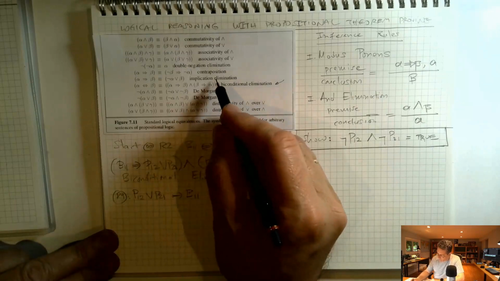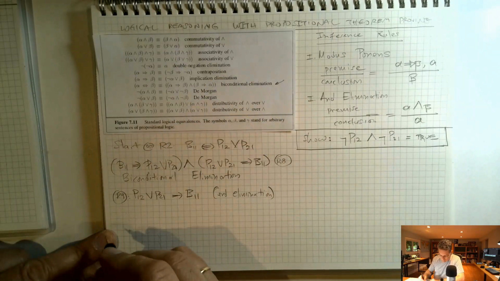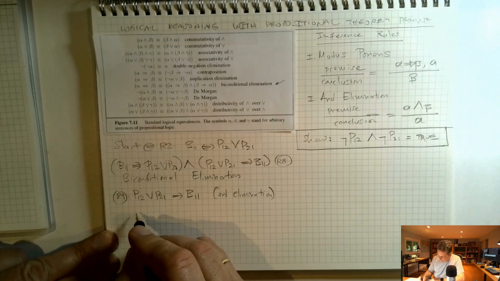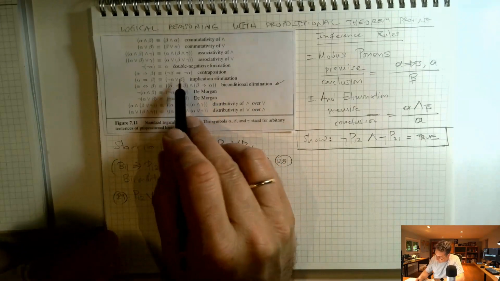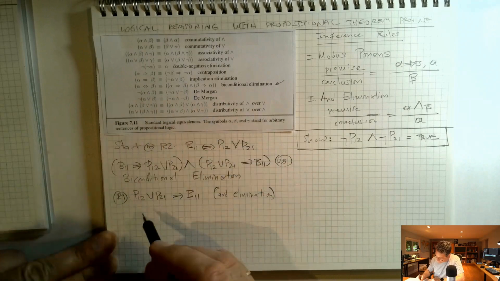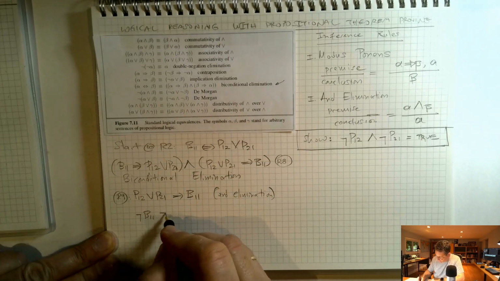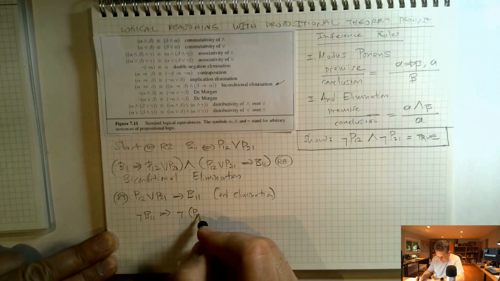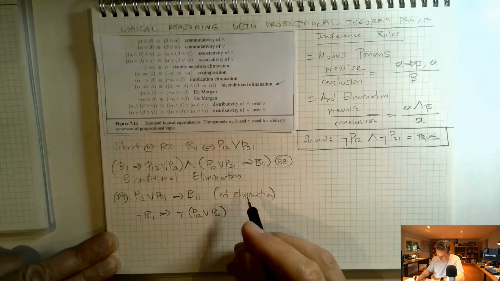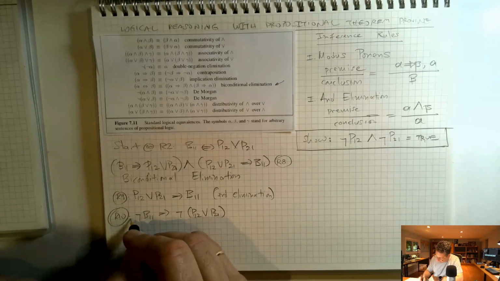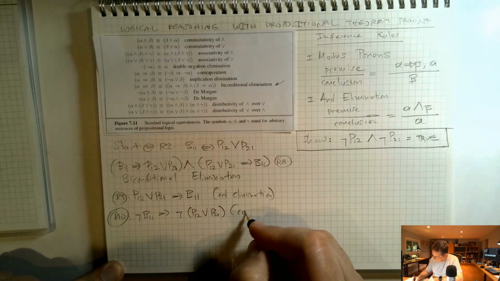As I said, we will apply the contraposition rule on this R9, and we arrive at: negation of B11 implies negation of P12 or P21, and this is the rule R10, and we did contraposition.